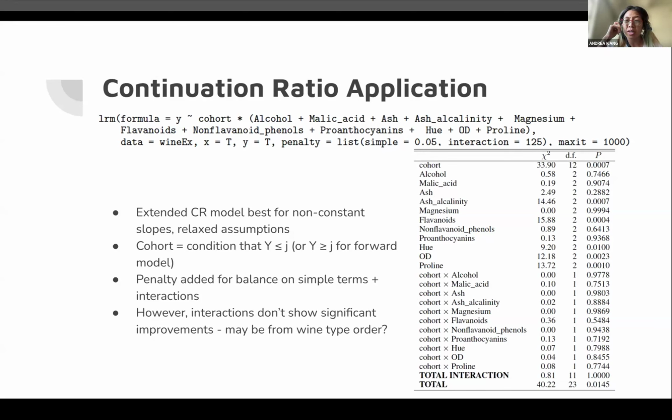Though what I did note was that even though the cohort or class level was significant, the interactions do not show as much improvement when incorporated. This could be just from the wine type order. There are multiple factors that could be confounding this as well, but it could be a case of a cohort by cohort basis.